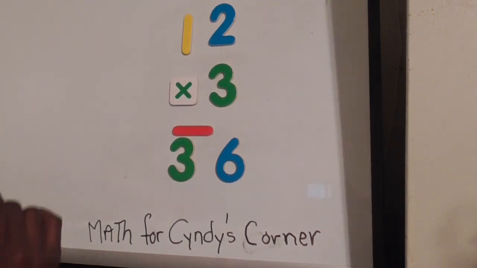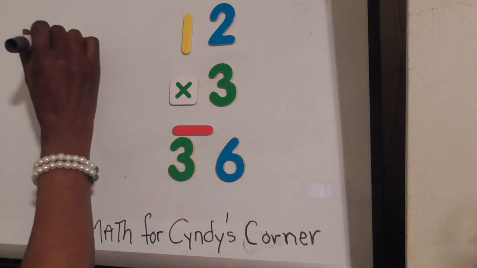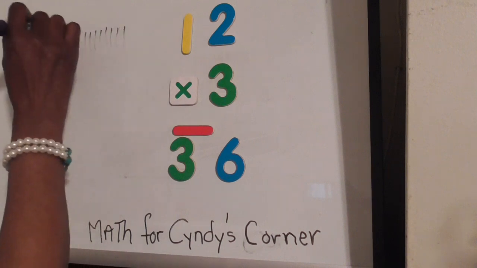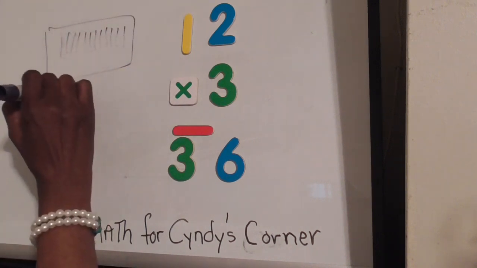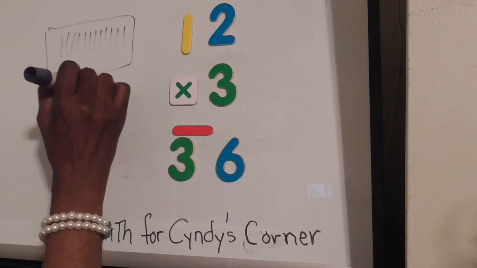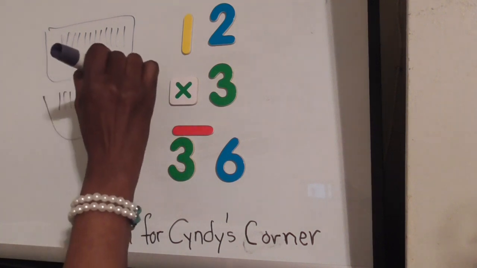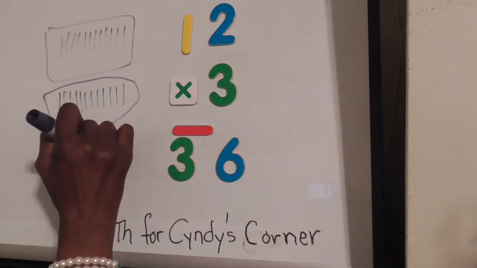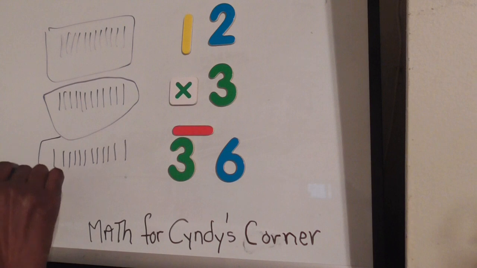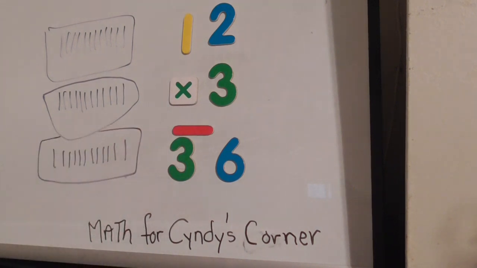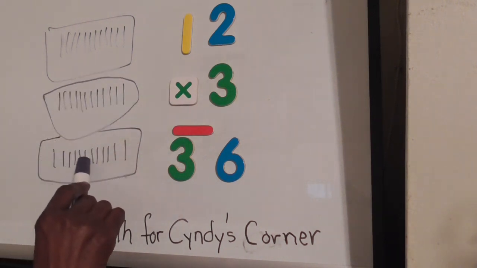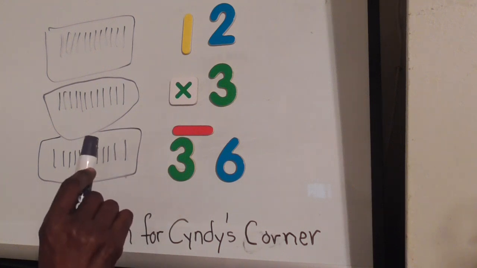But what does it mean in multiplication? It means that if we have 12 dresses, and we have them in 3 carts, then we will have a total of 36 dresses. 12, 24, 25, 26, 27, 28, 29, 30, 31, 32, 33, 34, 35, 36.